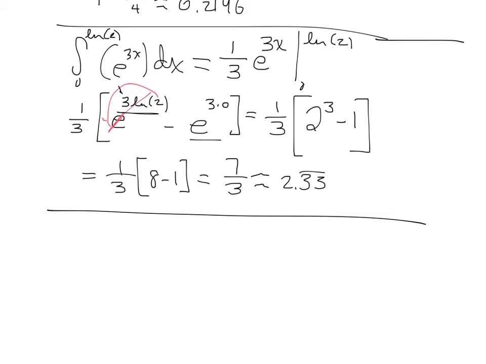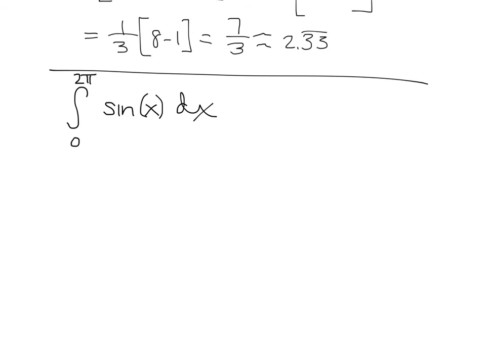Okay, if I want to find the total area from 0 to 2 pi of sine of x dx, well, I just do what I've been doing. I look at my sheet and I see that the antiderivative is negative cosine, which would make sense because the derivative of cosine is negative sine, and so I tack on that negative so I get a positive sine, and I do this from 0 to 2 pi.